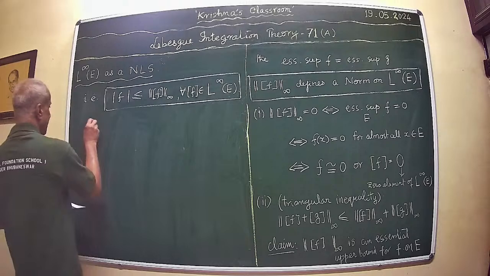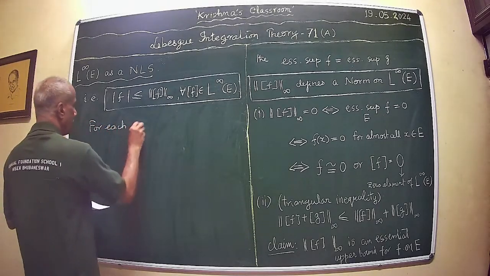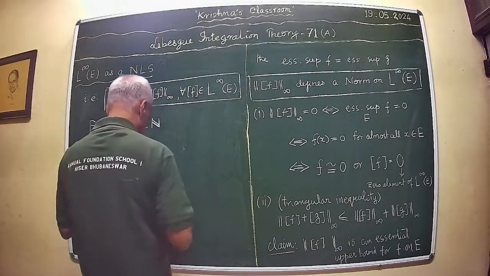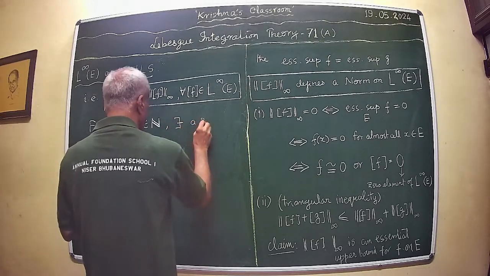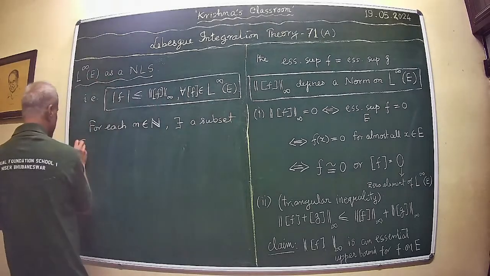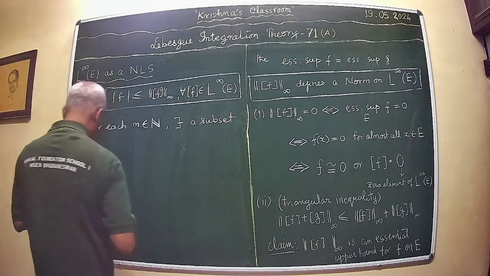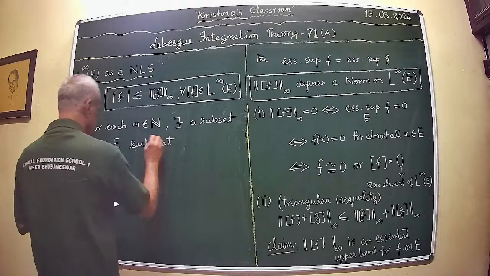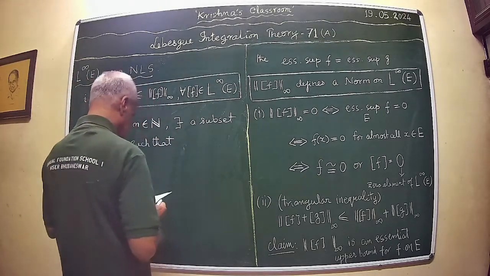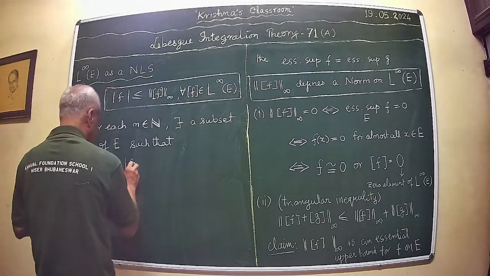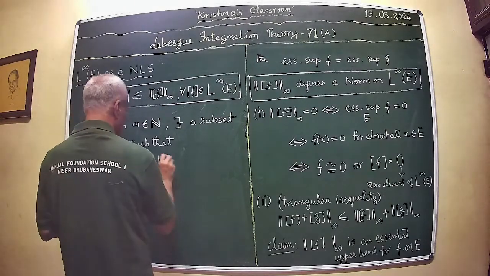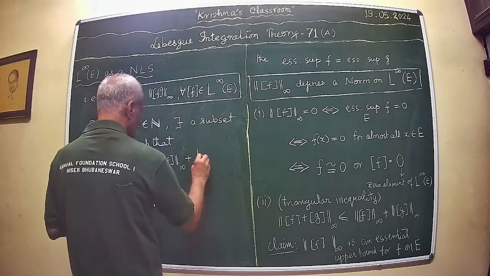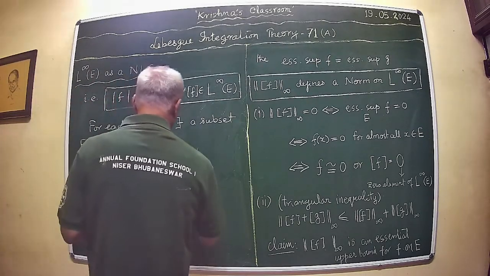Now, for each n, a positive integer, there exists a set En, designated by En of E, such that mod f is at most the essential supremum plus 1 over n almost everywhere.